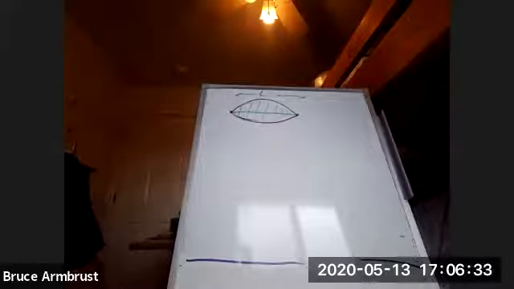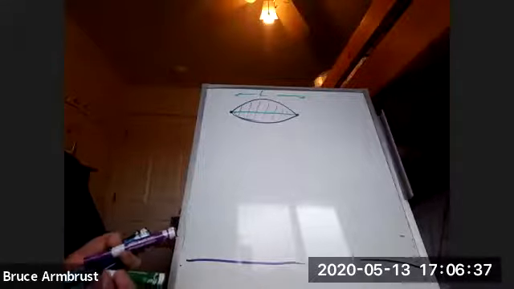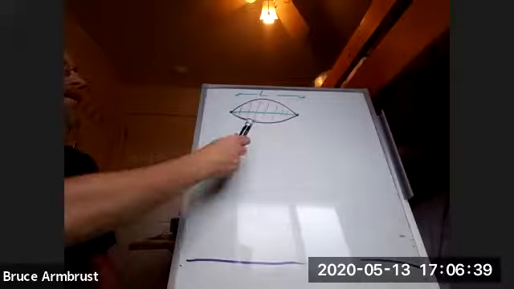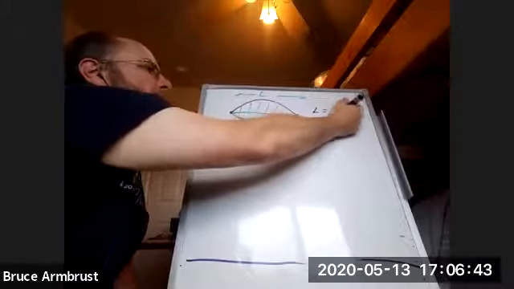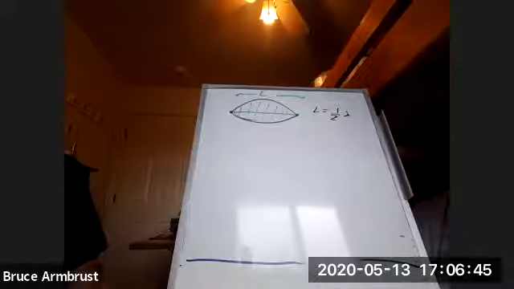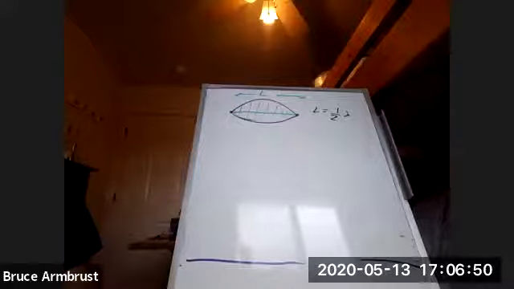And so what we know in this case is that that length is actually equal to 1/2 of a wavelength. So I just said that with firm confidence. We know that.